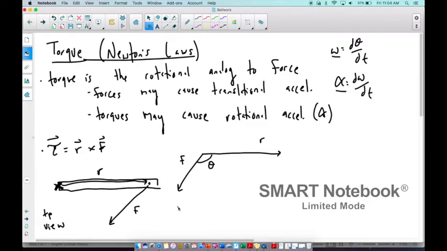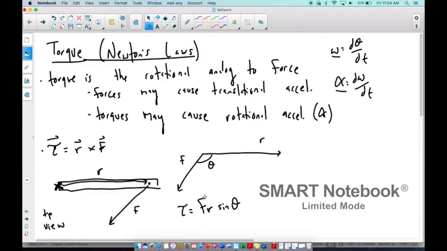And this time, last time when I did a dot product, I was worried about the cosine of that angle. That gave me the component of one vector that lies along the other vector. This time I'm going to take the sine of that angle, because taking the sine of that angle will give me the component of the force that lies perpendicular to this r vector.